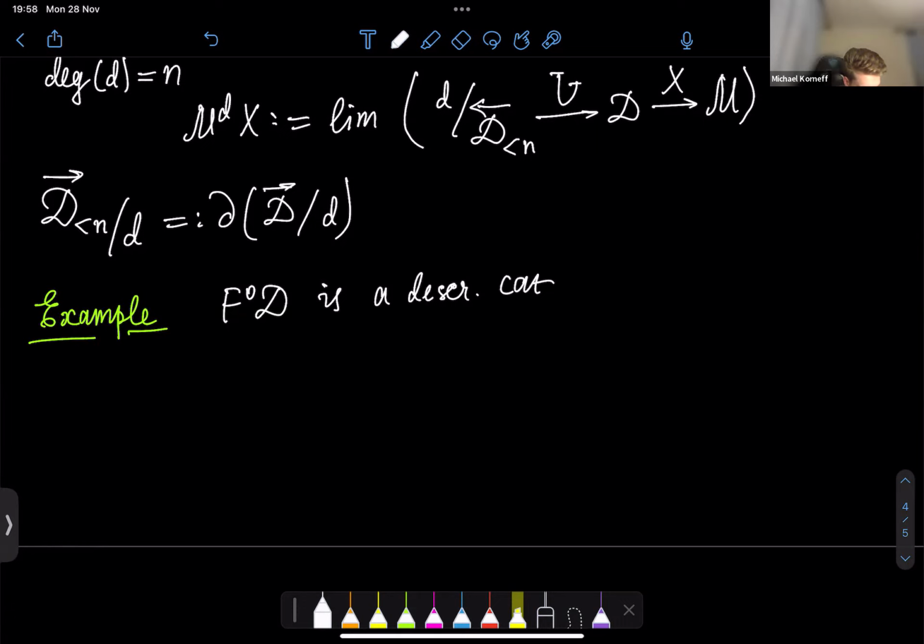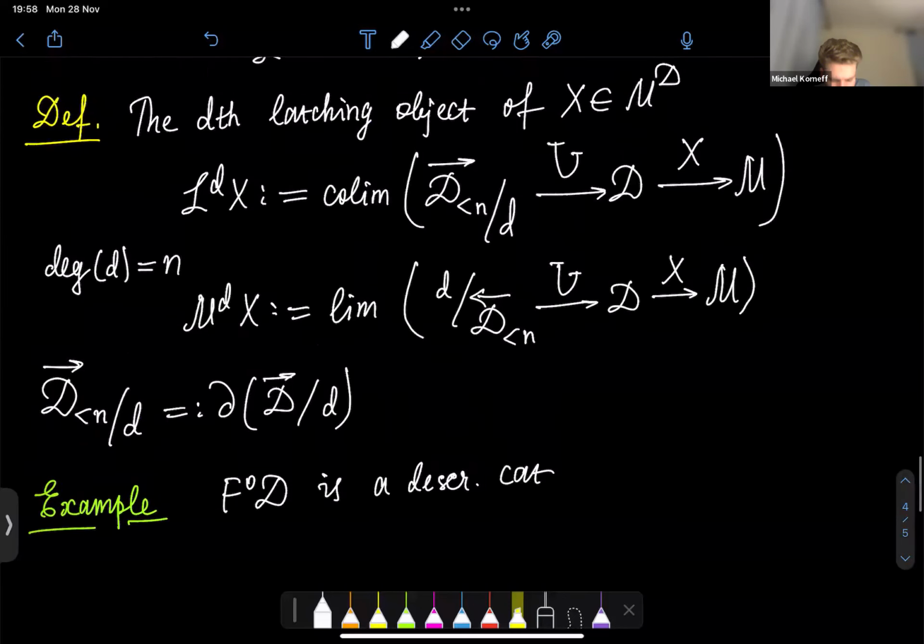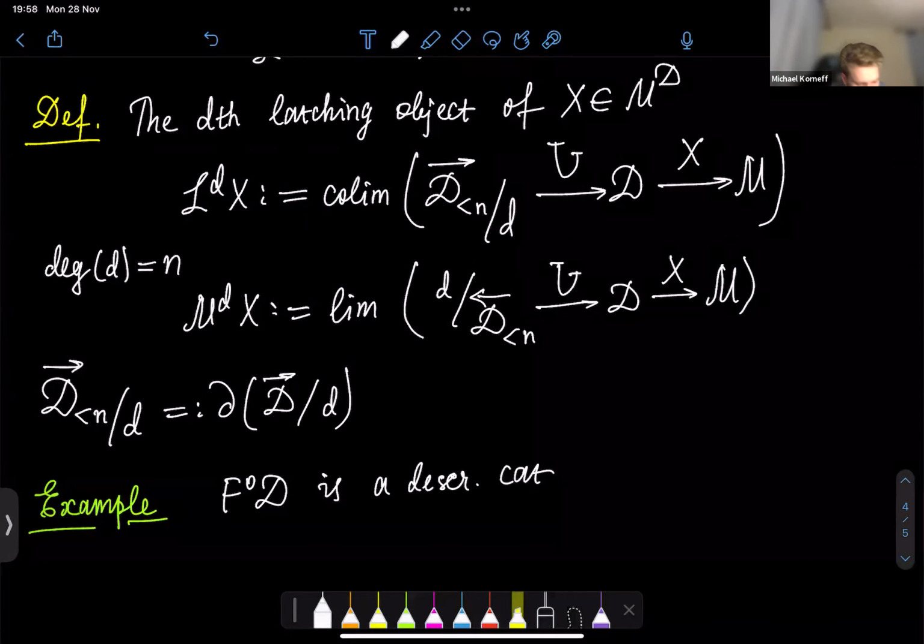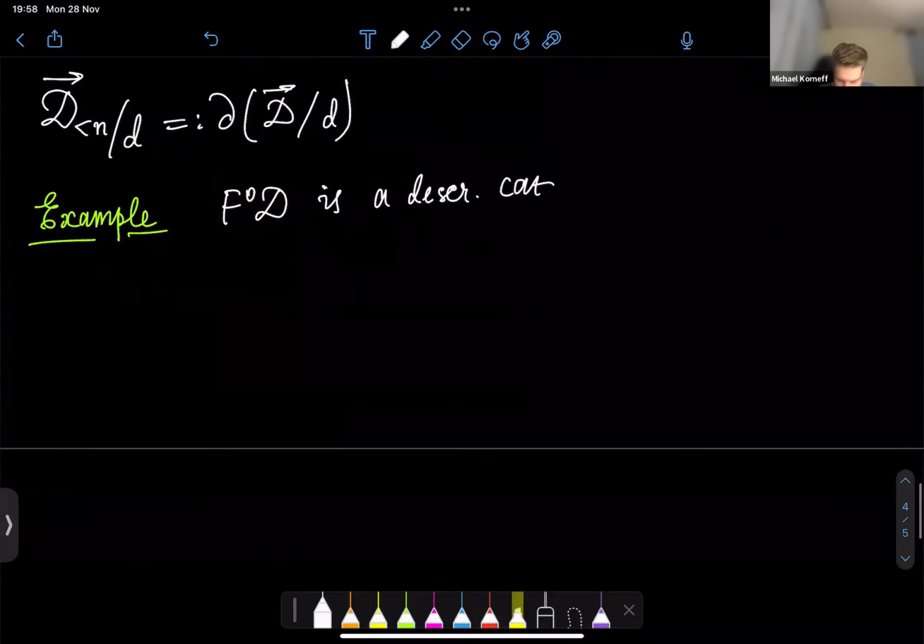And of course we have a latching and matching map by definition, because latching is a colimit, hence the latching map goes from latching to X d, and the matching map goes from X d to matching.